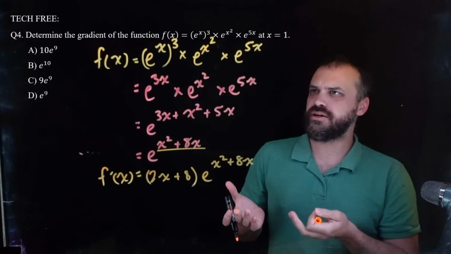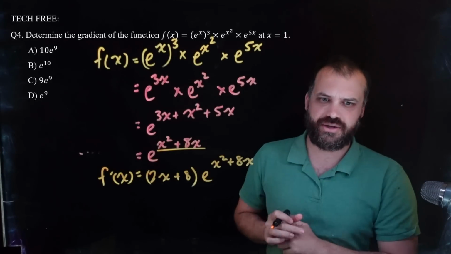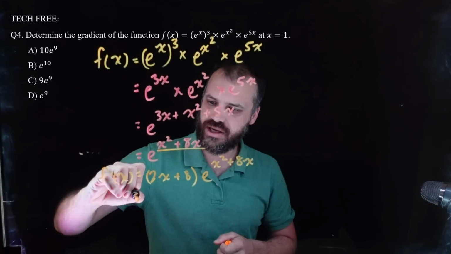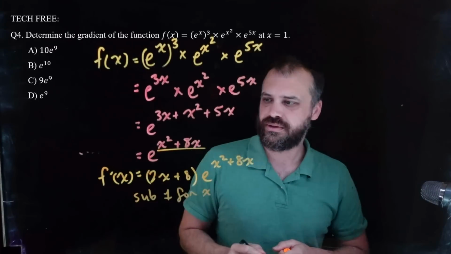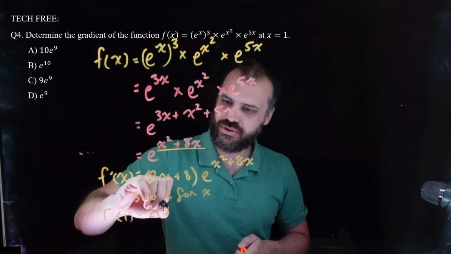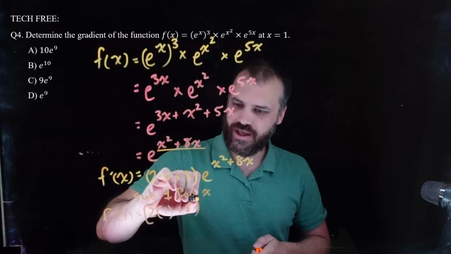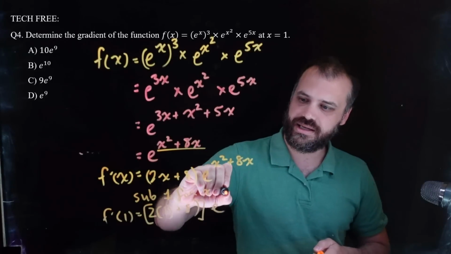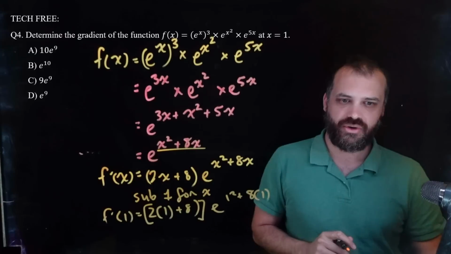What do I need to do now? We need to know the gradient at x equals 1. So we just sub in 1 for x. f dash 1 equals 2 times 1 plus 8, all of that being multiplied by e to the 1 squared plus 8 times 1.